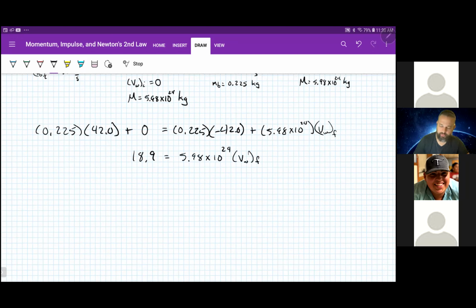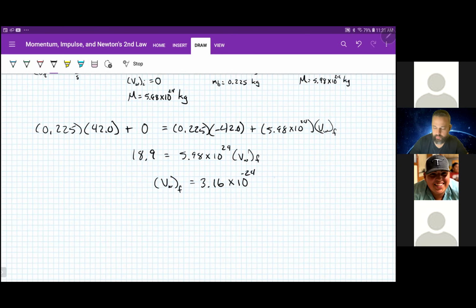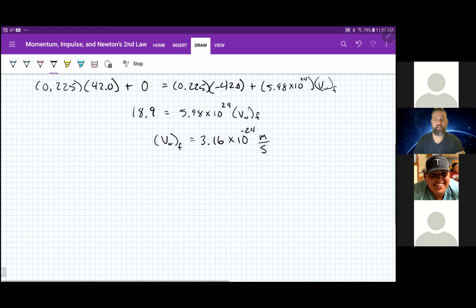And then dividing both sides, we're going to end up with the final velocity for the wall equal to 3.16, and get this one, times 10 to the negative 24 meters per second.